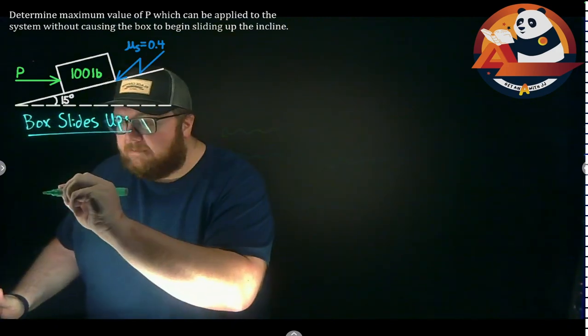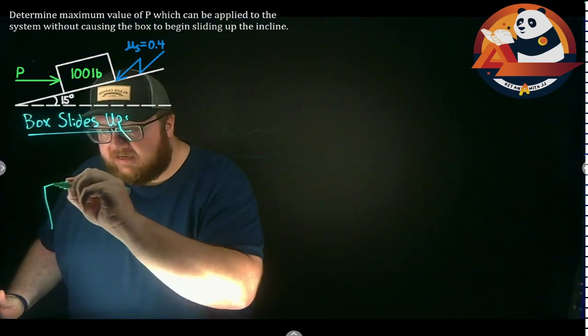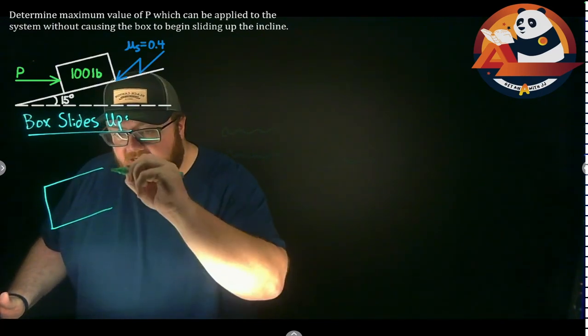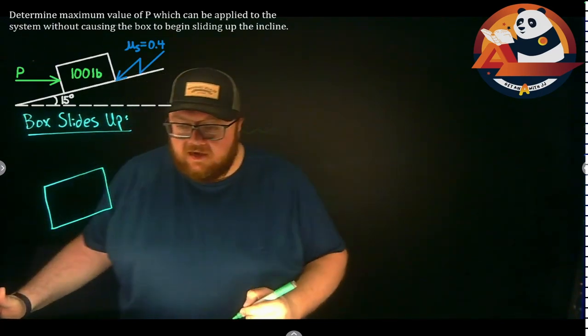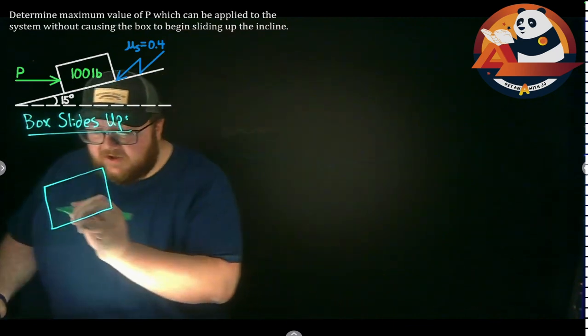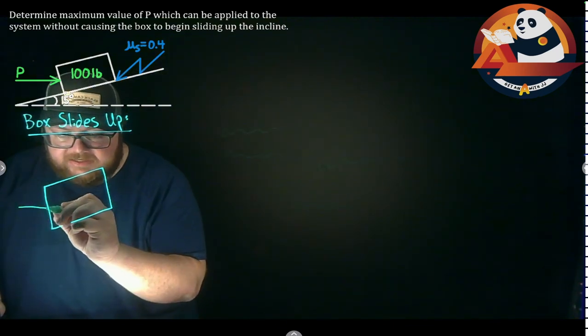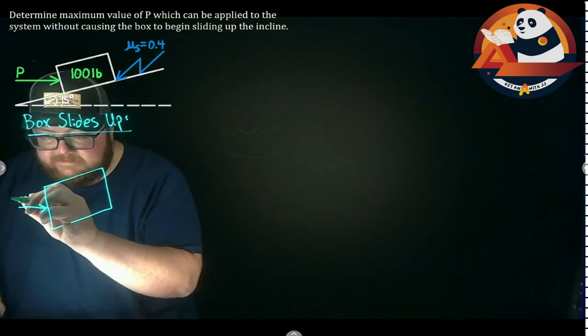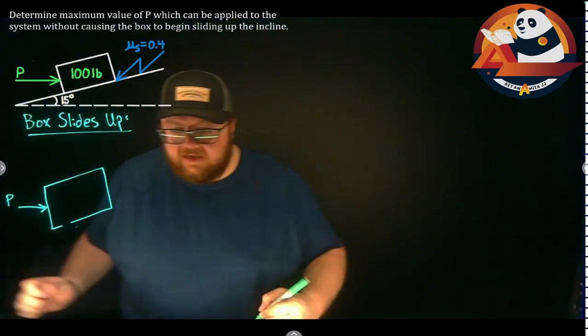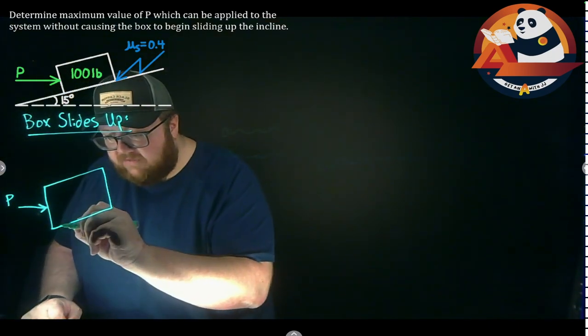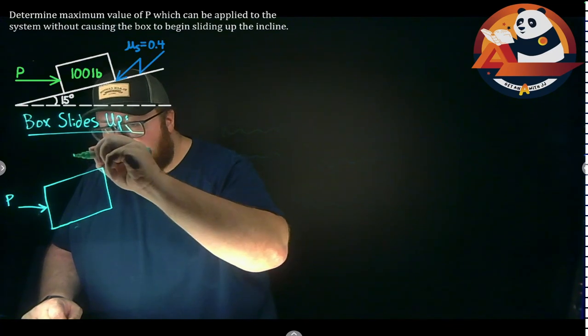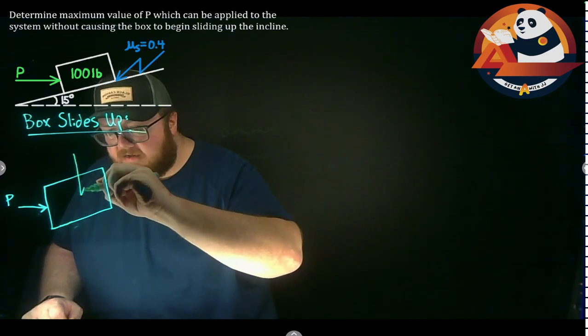So I can model that box out just as a rectangle here on some inclined surface. I know I have straight to the right, entirely in the x direction, a force P. We'll get that in there. I have the weight of my box coming straight down on here.